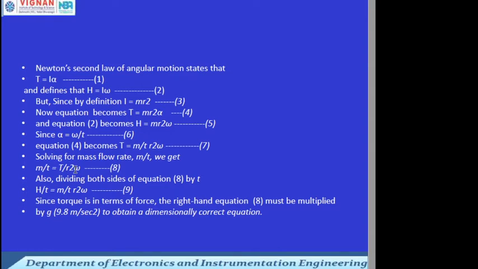Dividing equation 8 by t on both sides, h by t is equal to m by t r square omega. The right hand side of equation 8 is multiplied with g, the gravitational acceleration, 9.8 meters per second square. To obtain the dimensionally correct equation, we can substitute this g value.